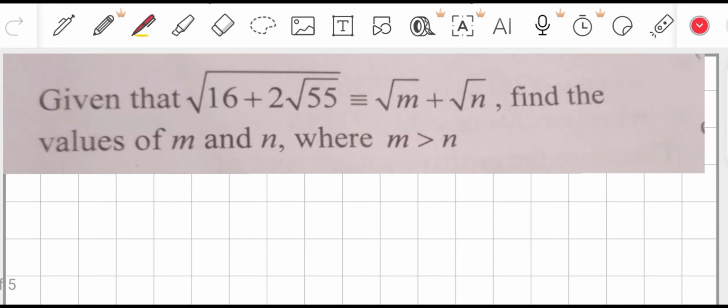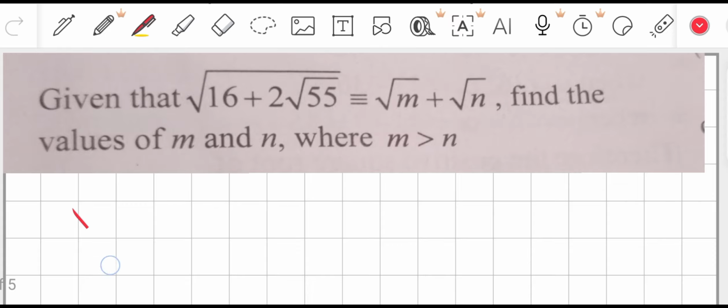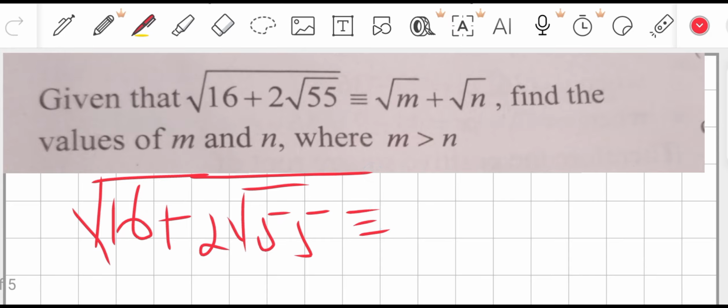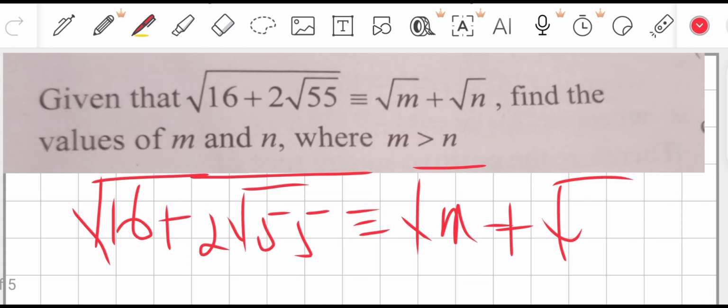So let's get going. So we have root of 16 plus 2 root 55 is approximately equal to root m plus root n.